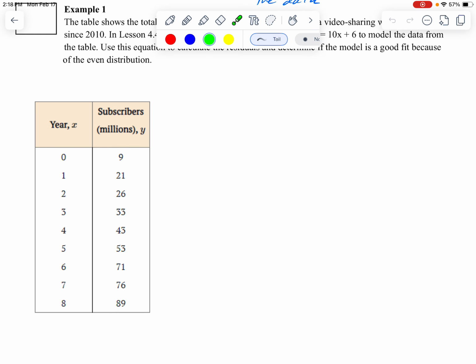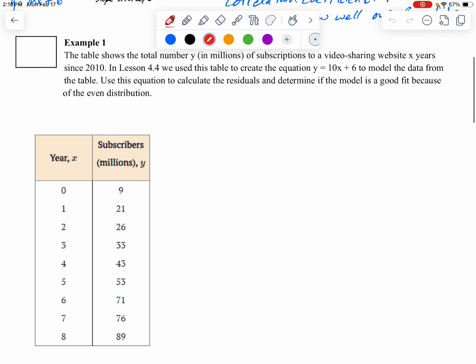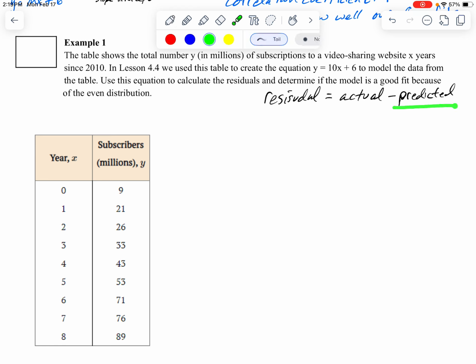So if I'm going to use this to calculate the residuals, we calculate these residuals by taking the actual value minus the predicted. Okay, and the predicted value comes from our line of best fit.